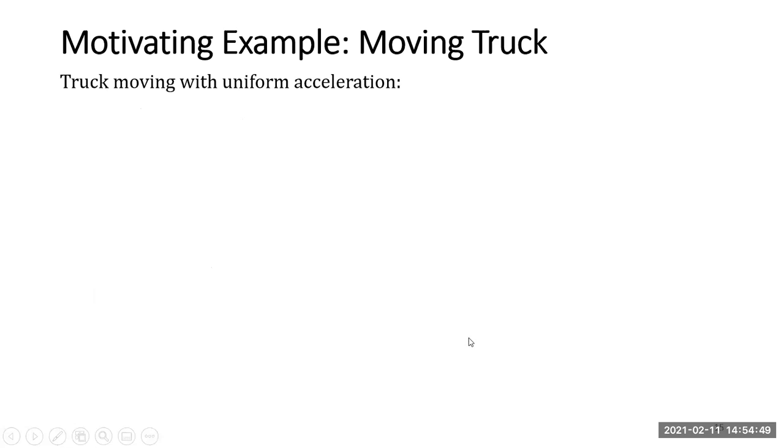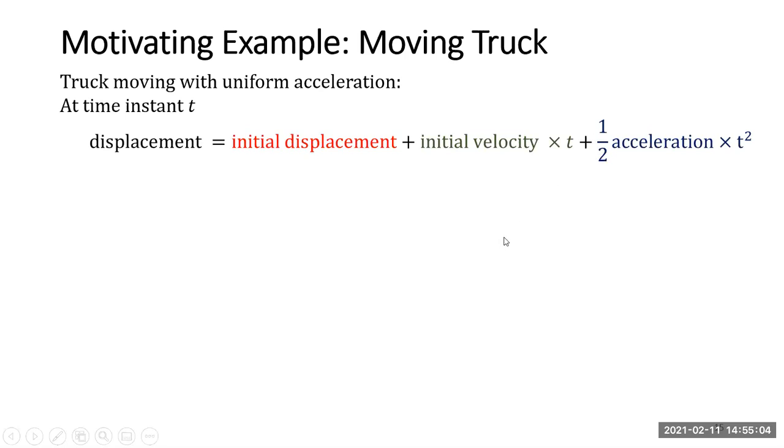Okay, here's an example of where overdetermined systems we could encounter. We have a moving truck with some uniform acceleration. Now at time instant t, the displacement of the truck equals the initial displacement plus initial velocity times t plus half acceleration times t squared, right?